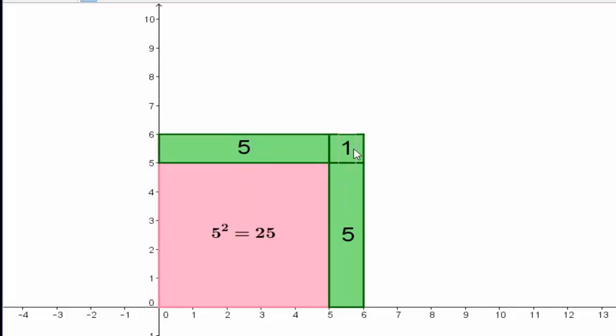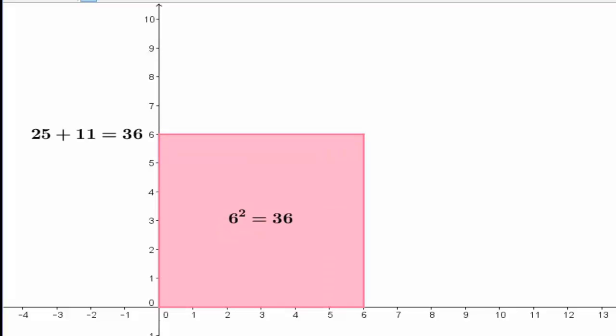In order to get this next square, I need to put a stick on here, which is 5, a stick over here, which is 5, and then a little square in the corner to complete the square. And this process continues.